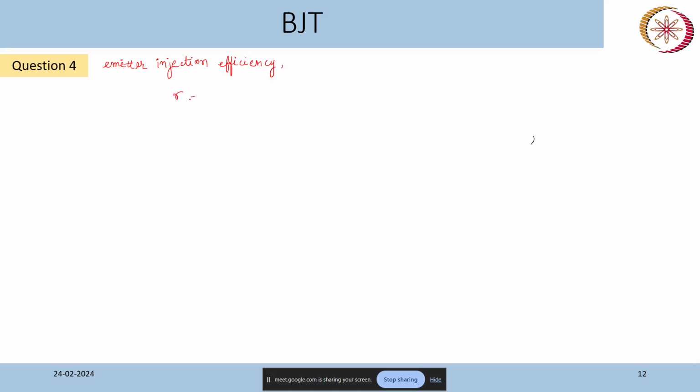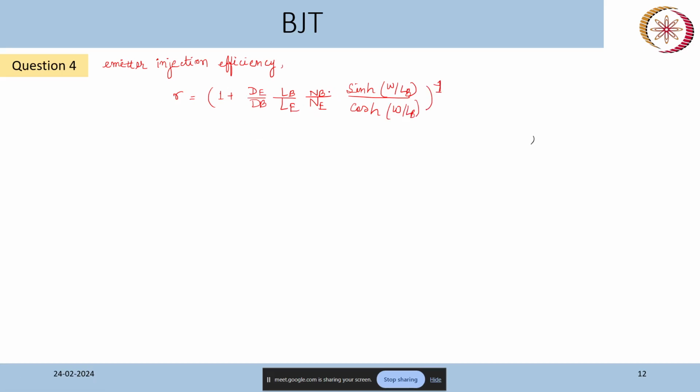So gamma is given as 1 plus this whole thing inverse.